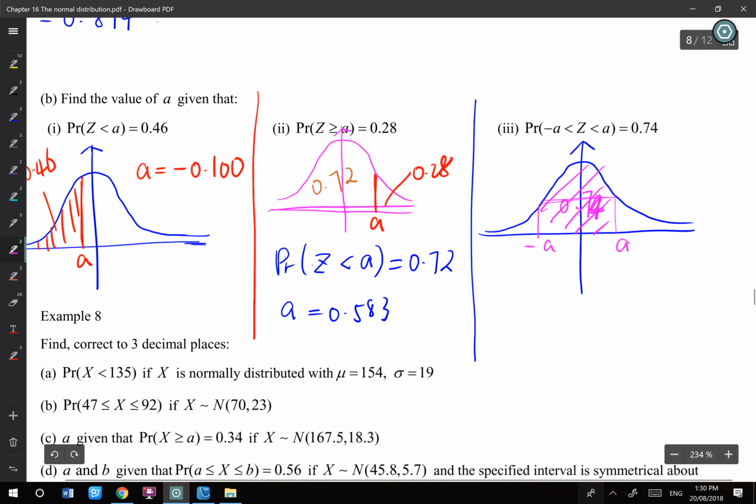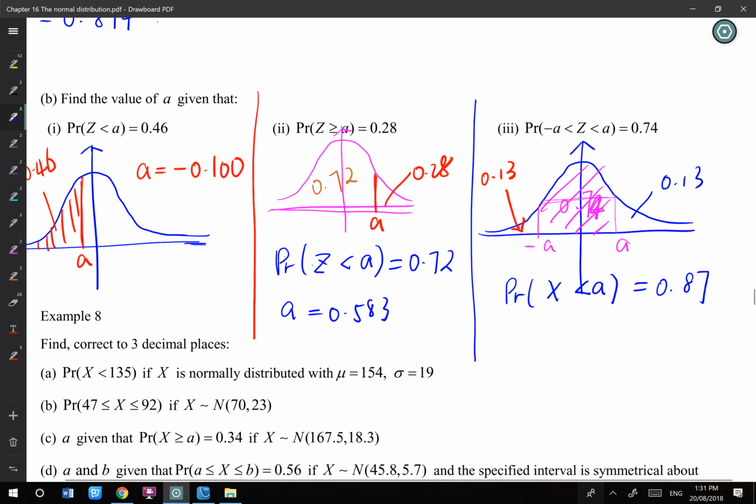What's the area here? So 0.26 is two sides, right? 0.13 is each side. So what's the area less than A? What's the probability your Z is less than A? That would be 0.13 on the right, so it's 1 minus 0.13, which is 0.87.